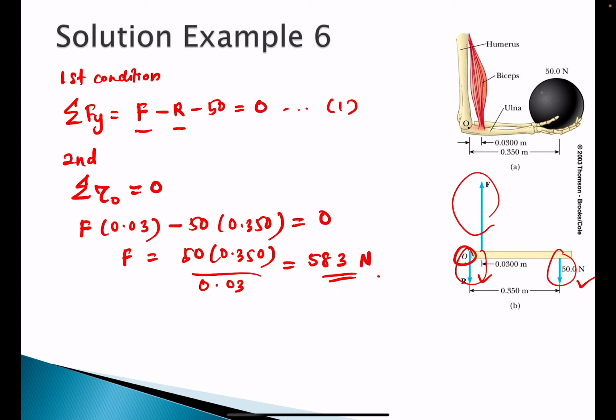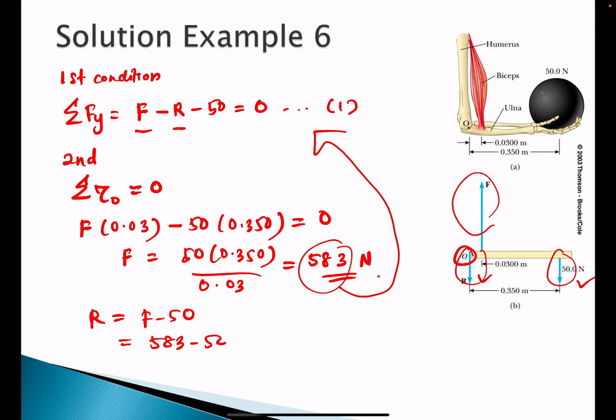Again, you can substitute this value into the first equation to get the R. From the equation, R equals F minus 50. So F is 583 minus 50, you will get 533.